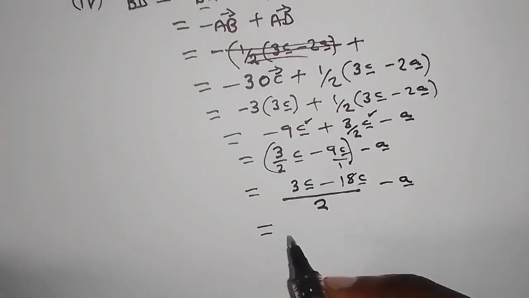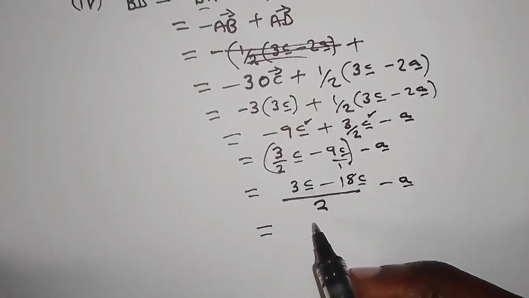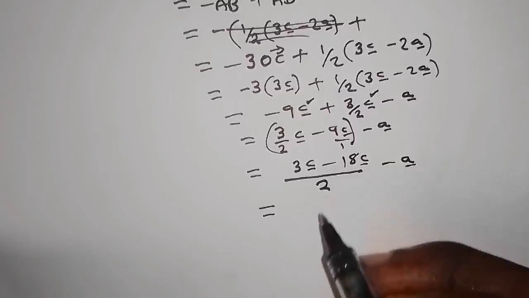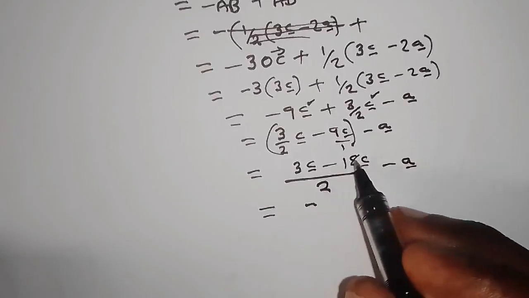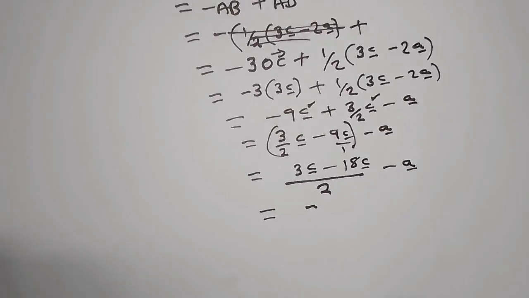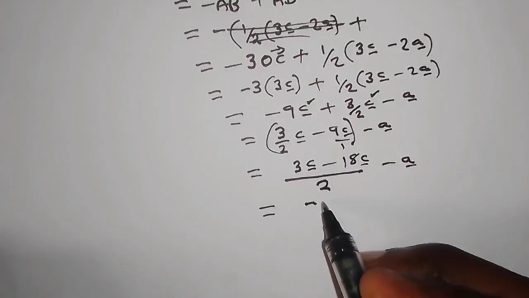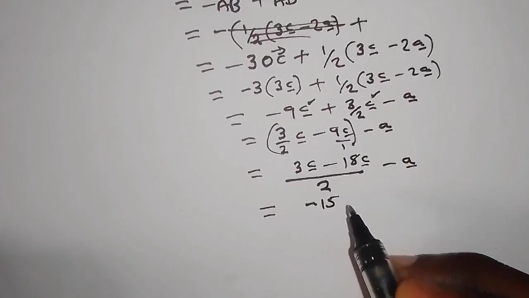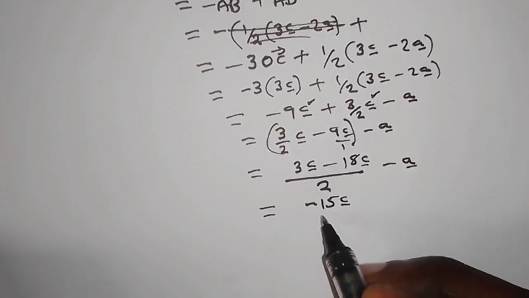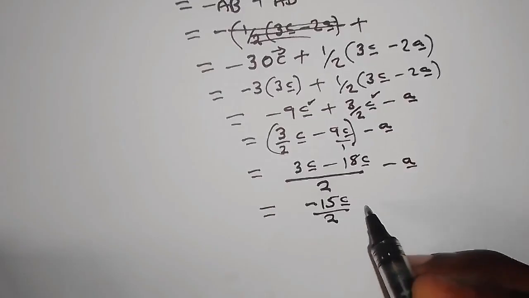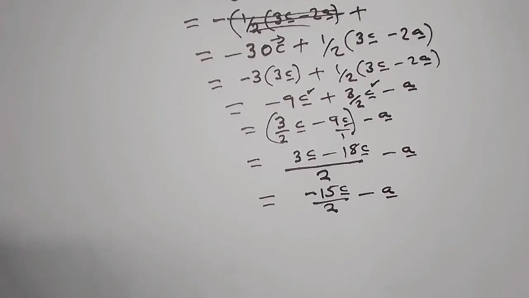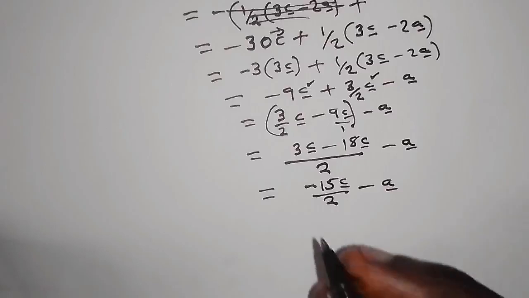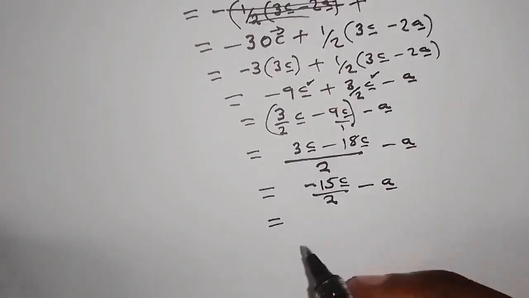So then we can now evaluate there. This is going to be a subtraction, so we are going to have negative 15 vector C over 2 minus A. And then you can just simply factor out.